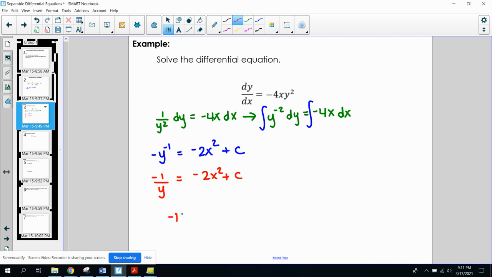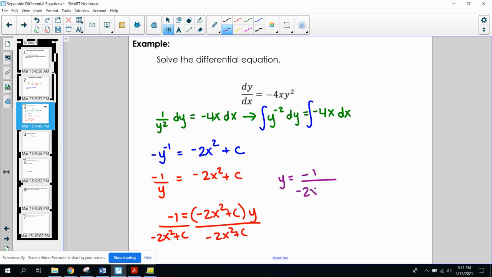So I'll get negative 1 equals negative 2x squared plus c, in parentheses, times y. Then I'm going to divide by negative 2x squared plus c. So I end up with my equation, y equals negative 1 over negative 2x squared plus c. And that would be my solution to the differential equation.